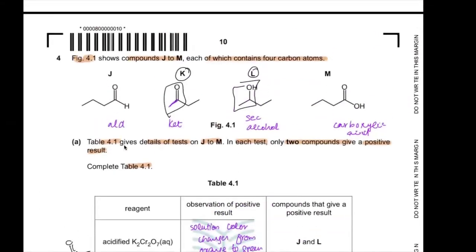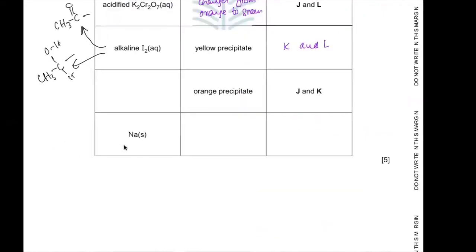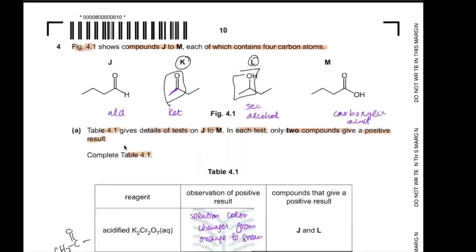Okay. Now with the orange precipitate, J and K are both aldehyde and ketone. The orange precipitate is formed when an aldehyde or ketone reacts with 2,4-DNPH. With sodium, carboxylic acid and alcohol react. So it means this and this are going to react.